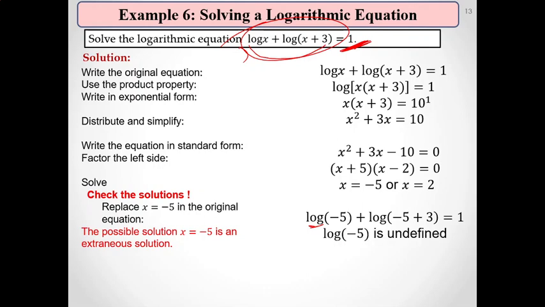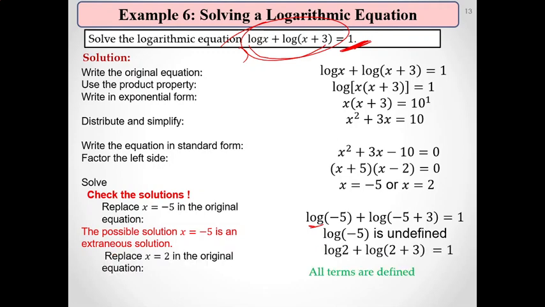The solution x equal to minus 5 is an extraneous solution. It's not a solution. Now check for 2, everything looks fine. We have positive here and positive here. All terms are defined, so the solution set is 2.